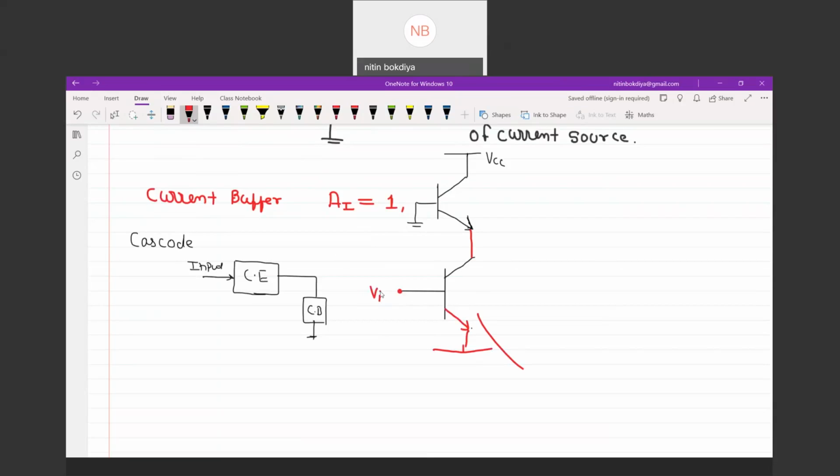What we expect from the circuit is to have this, and we can take the output from here.